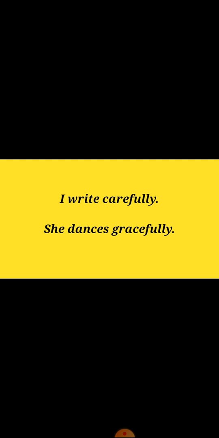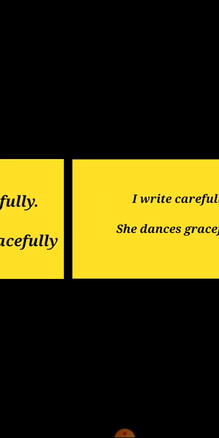But what if I write it like this? I write very carefully. She dances very gracefully. Now, can you pick adverbs from these sentences? Look, children, how carefully I write? Very carefully. How gracefully she dances? Very gracefully.